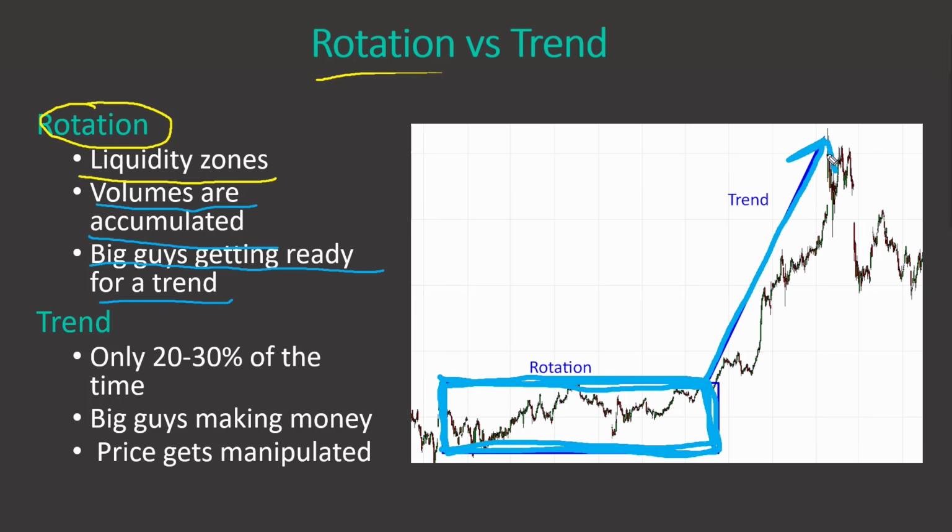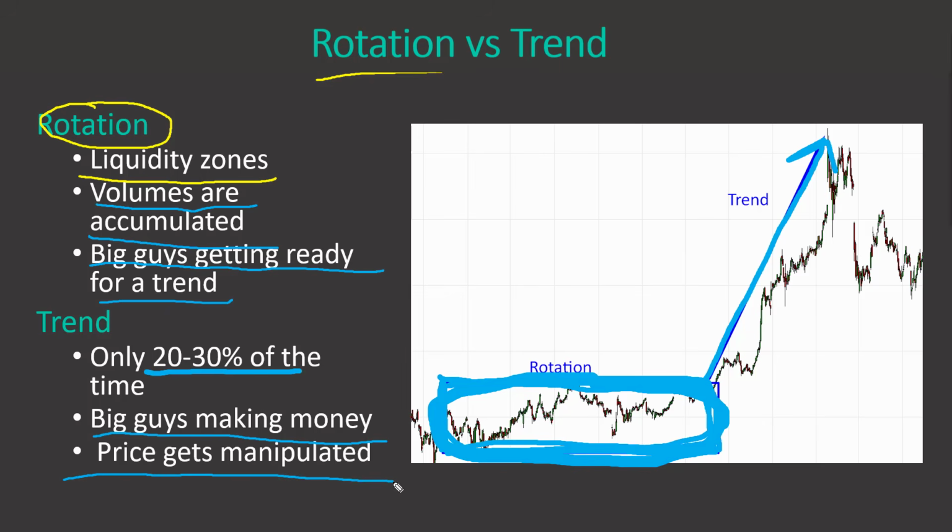And in the trend, the strong institutional buyers from this place, from this rotation, are making money on the long positions which they placed in here in that rotation. That's what happens with rotations and trends. And trends occur only around 20 or 30% of the time. As I was saying, the rest, it's just a rotation. All right, so trend, big guys are making money, and in the trend, price gets manipulated.